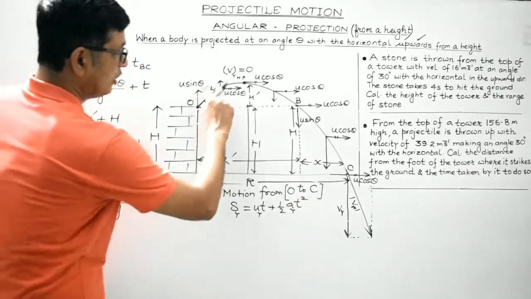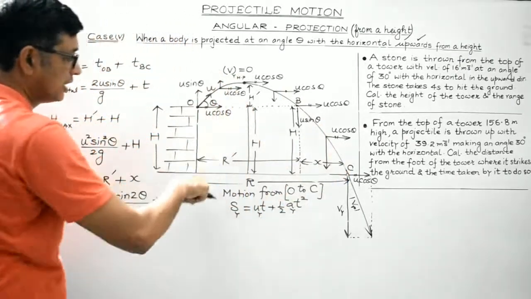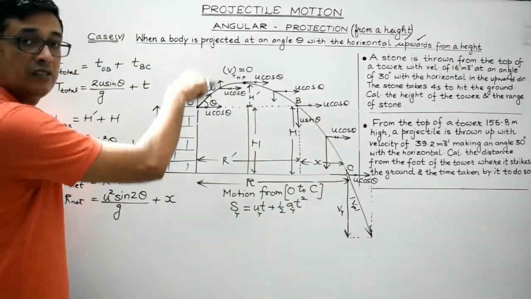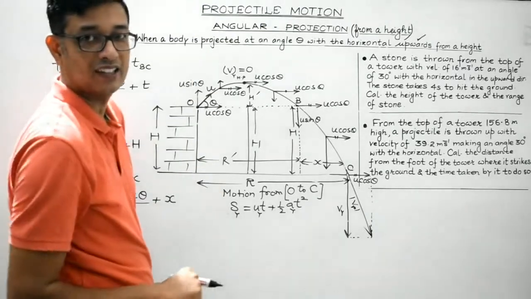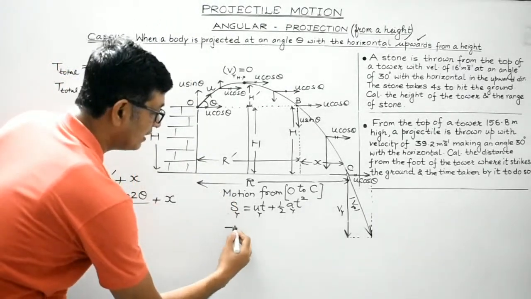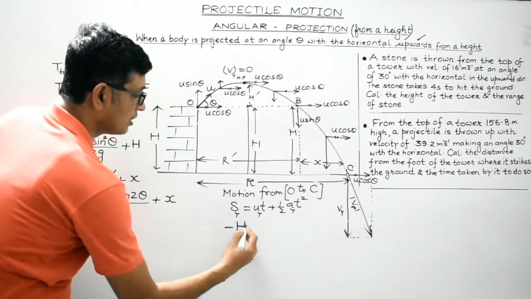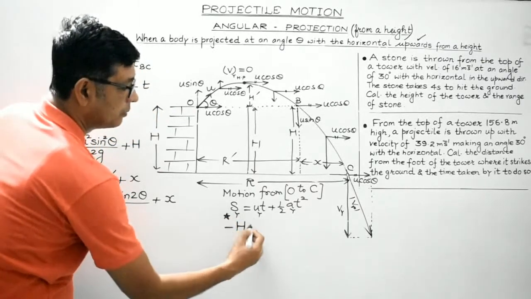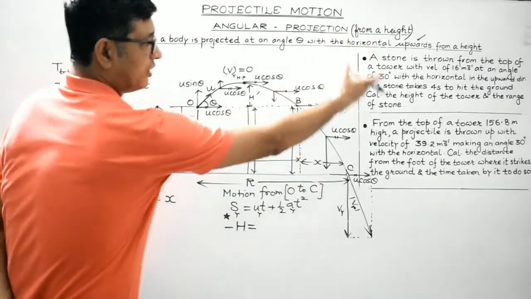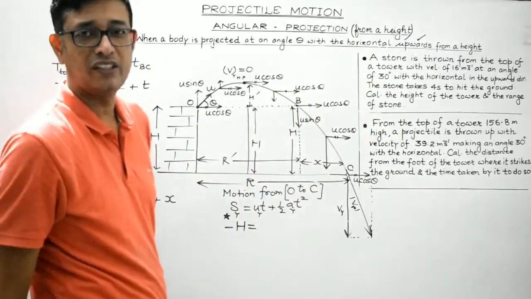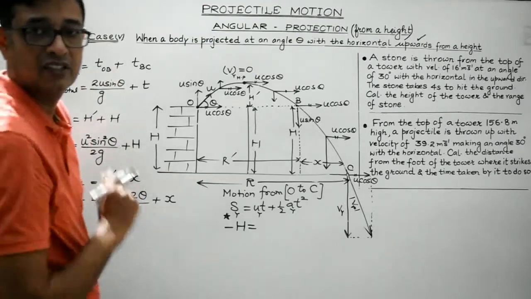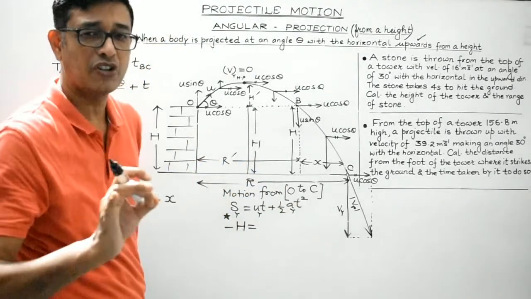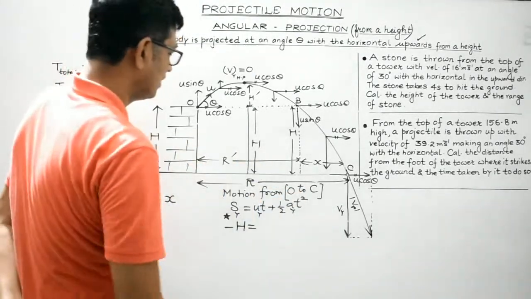So Sy, the vertical displacement along the vertical axis, is along the negative y-axis, so it will be equal to minus h. This is a key point, students. Please remember this, right? While solving these questions, we will be directly using these equations. Just construct the equation and apply the proper sign convention.